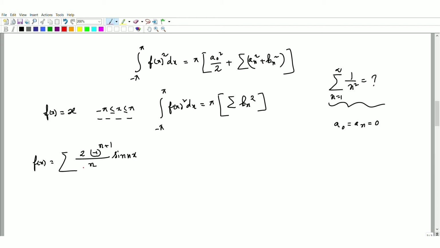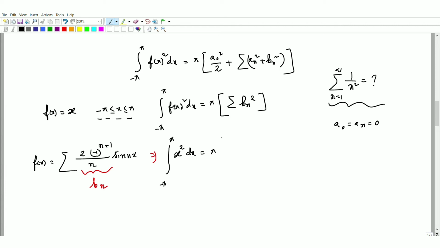So this is the value of bn. Now we are going to use the bn value in this identity. First we write the left hand side: the integral from minus pi to pi of x square, the square of that function, dx over pi.